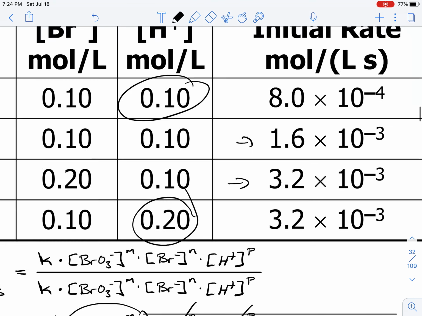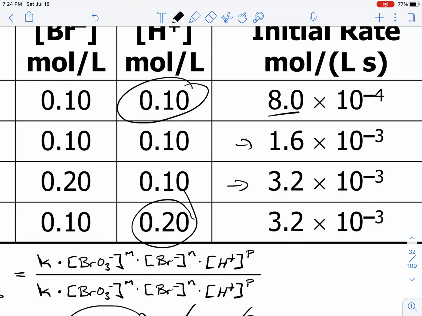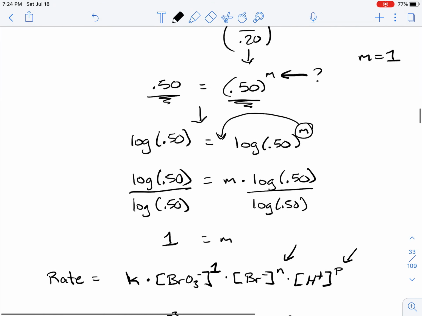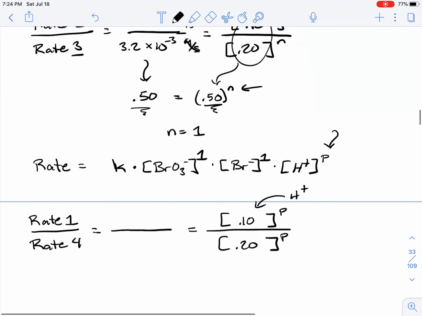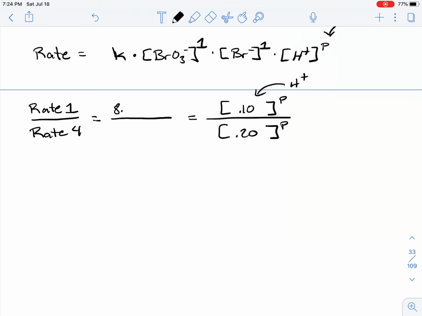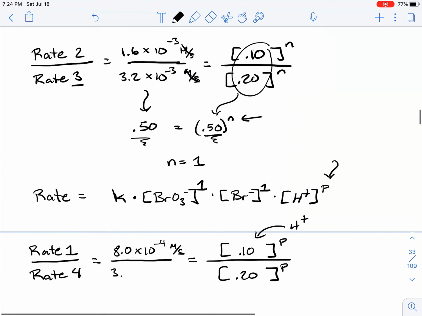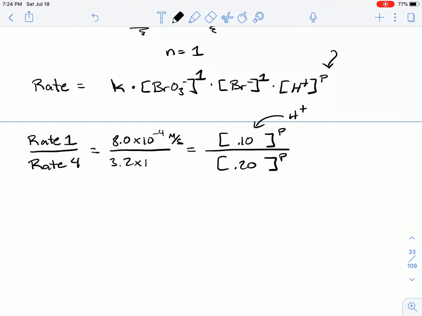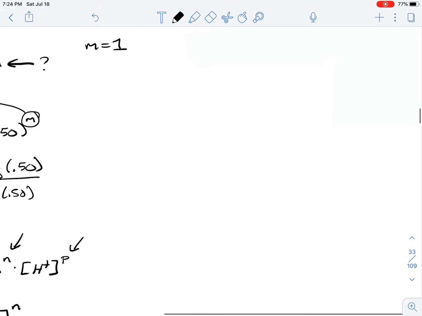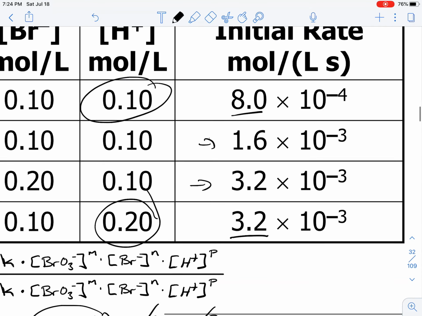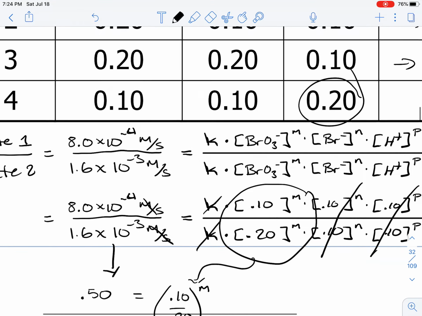Now the initial rate is going to be 8.0 times 10 to the negative 4 and 3.2 times 10 to the negative 3. Okay. So it's going to be 8.0 times 10 to the negative 4 molarity per second, and 3.2 times 10 to the negative 3 molarity per second. Let me just double check that. Yeah, 3.2 times 10 to the negative 3 and 8.0 times 10 to the negative 4.